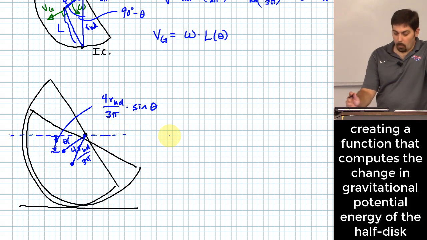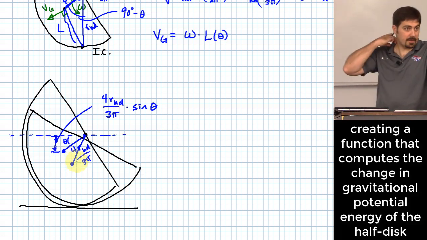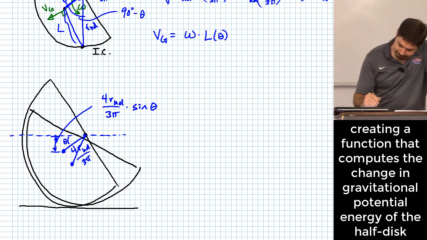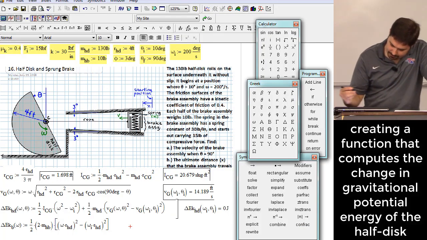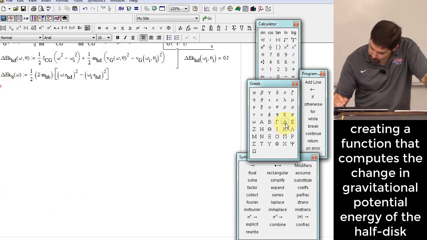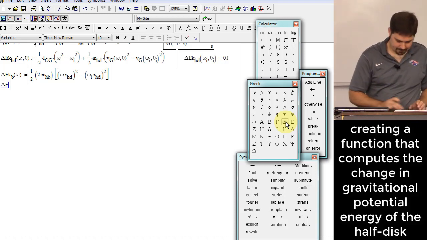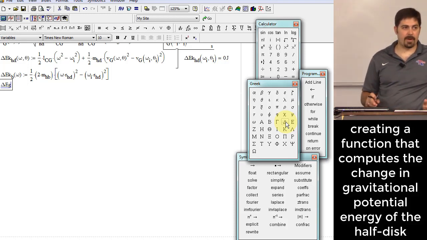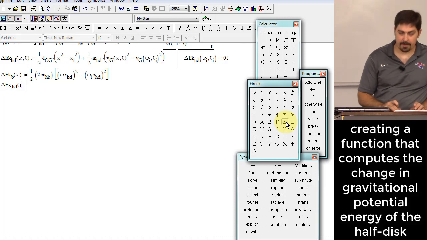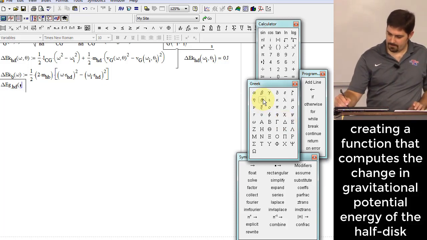Okay, all we need is a delta, so all we've got to do is subtract those two, right? We could subtract two different positions that we might have given by that formula. Okay, so we'll put that in up here. We'll say my delta E, we'll call it delta EG for gravity, right? And this is for the half disk as well. This is going to be a function of what? Theta.